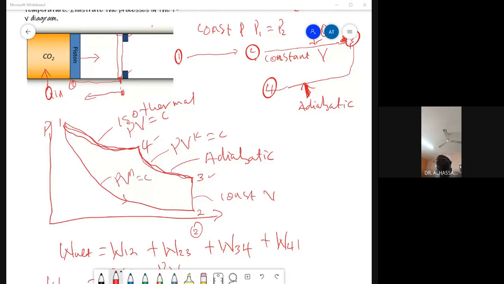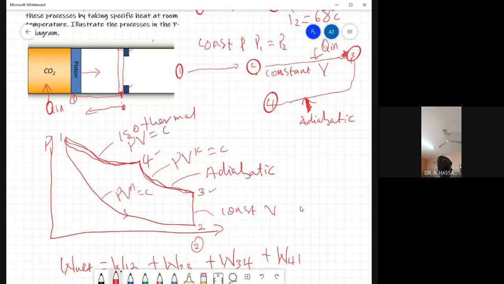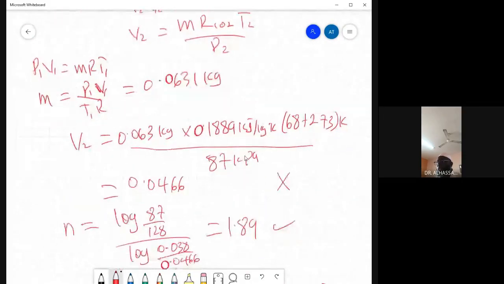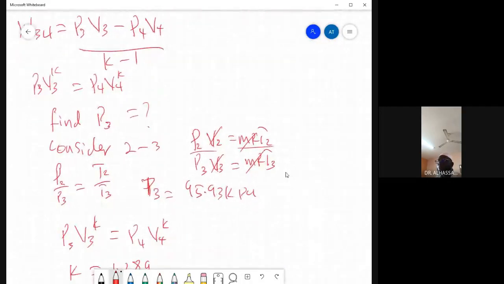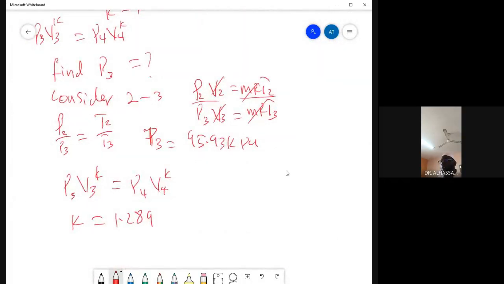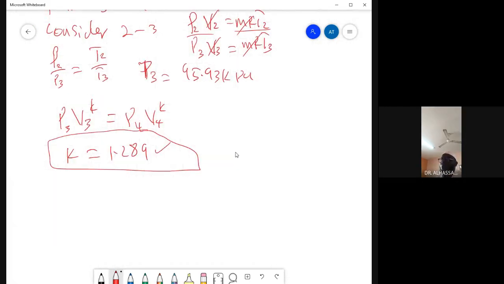It seems to me that the value for K has to be given. There is no need for us to calculate the value for K. K has to be given in this question, otherwise we cannot solve this. And then from this, we can get the value for V4.